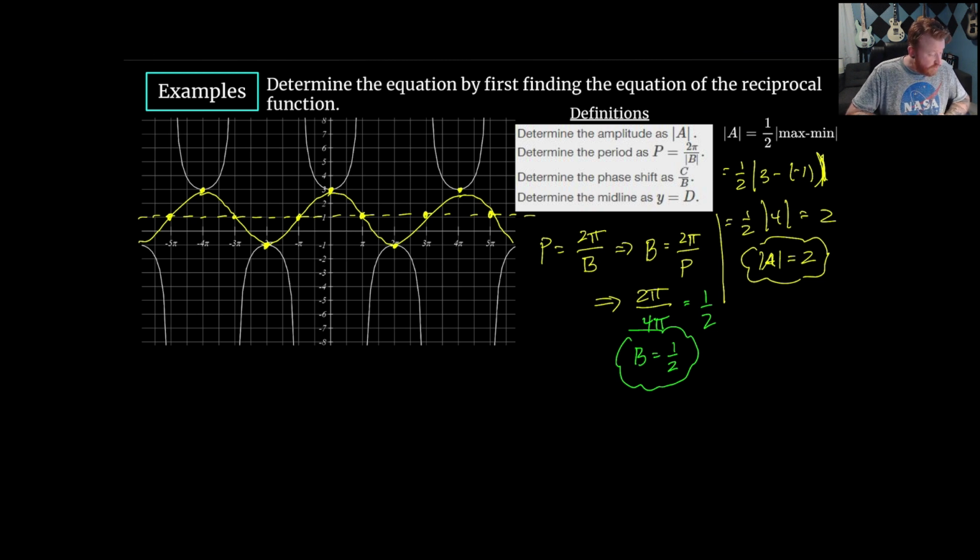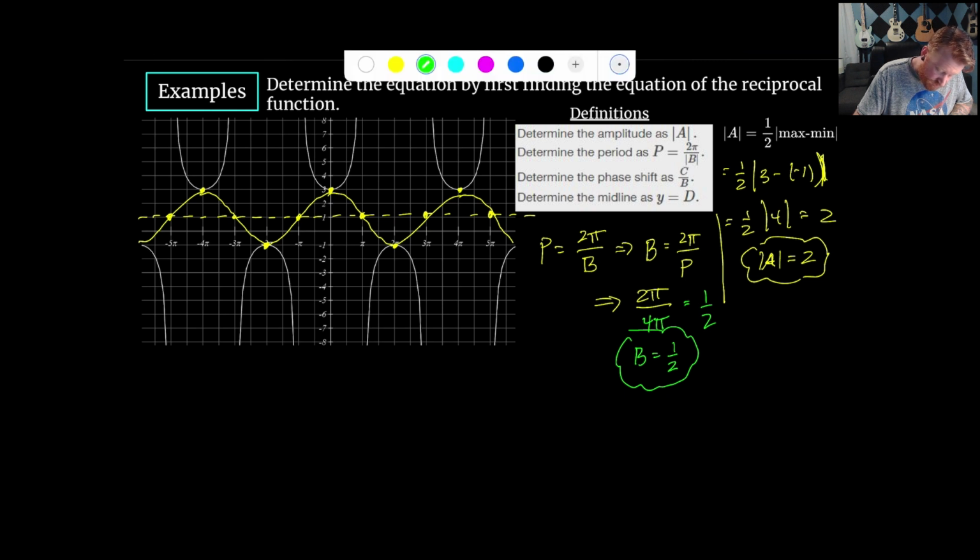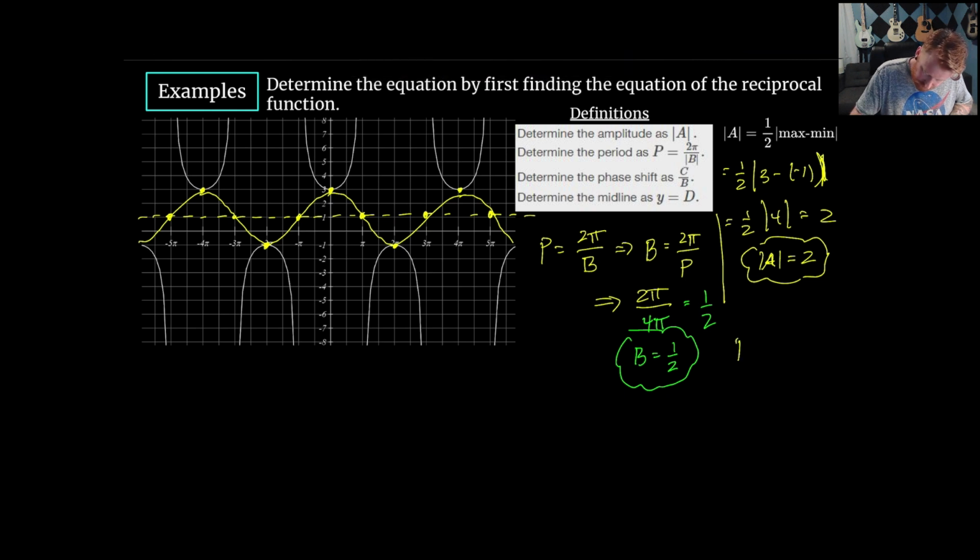All right, let's figure out what our phase shift is now. So the phase shift is going to be equal to c over b. Now's usually a good time to decide what sort of function we should be looking at, either sine or cosine.